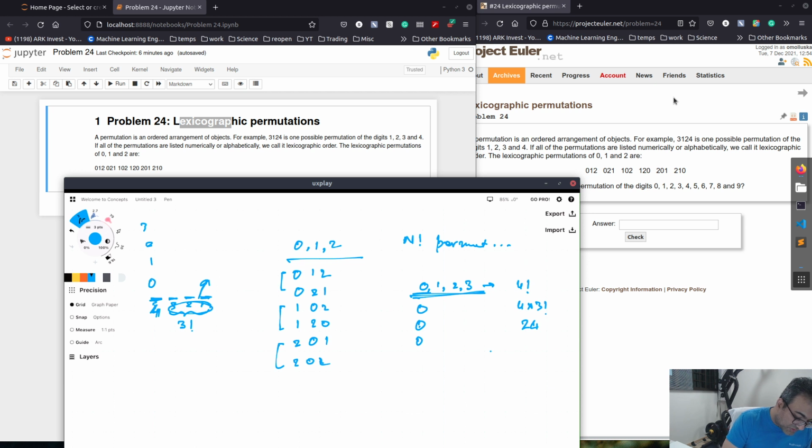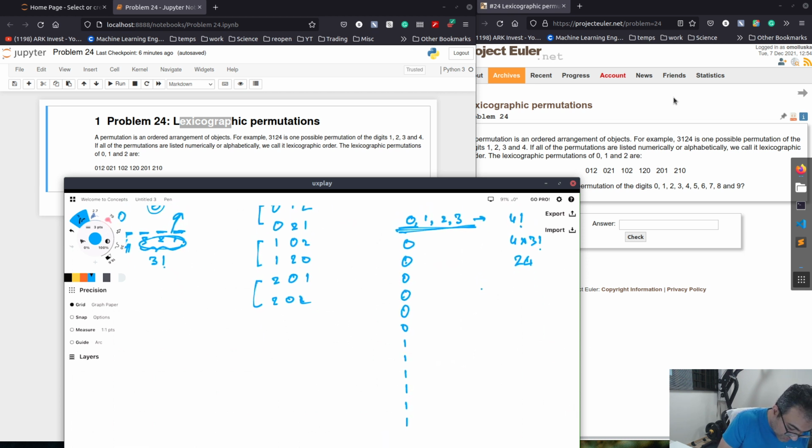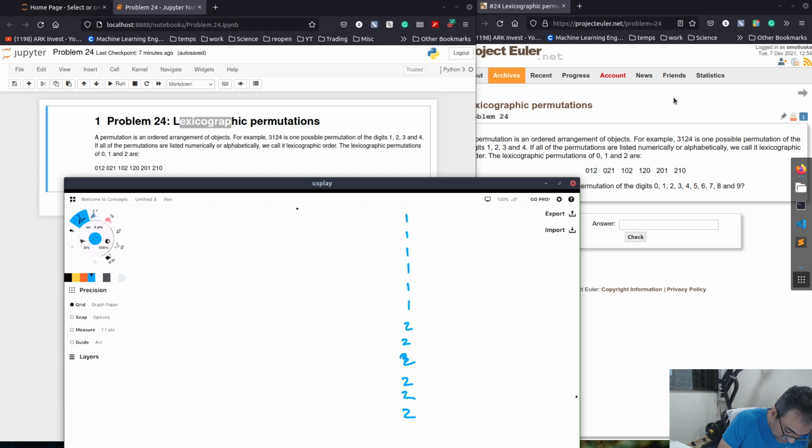So this 3 factorial is 6. So we will have 6 zeros, and then 6 ones, then we'll have 6 twos, and then we'll have 6 threes.